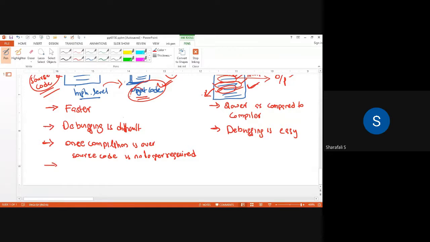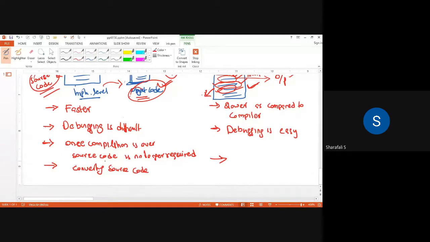Also, we can consider this part in case of memory. One more thing is converting that into object code.